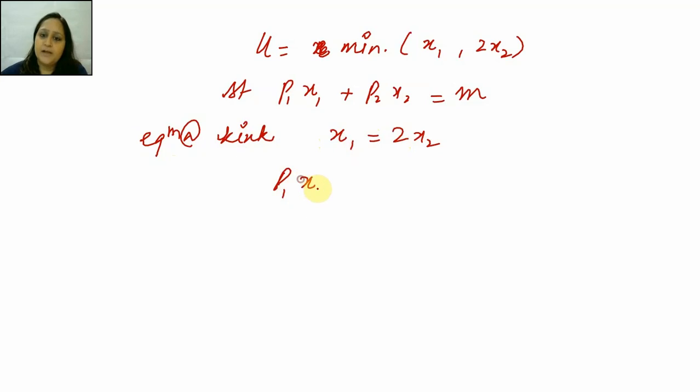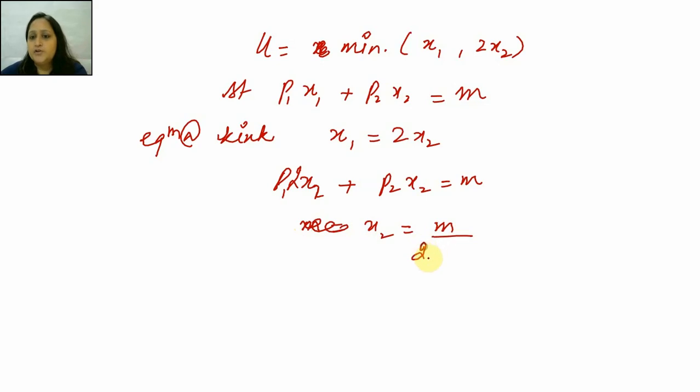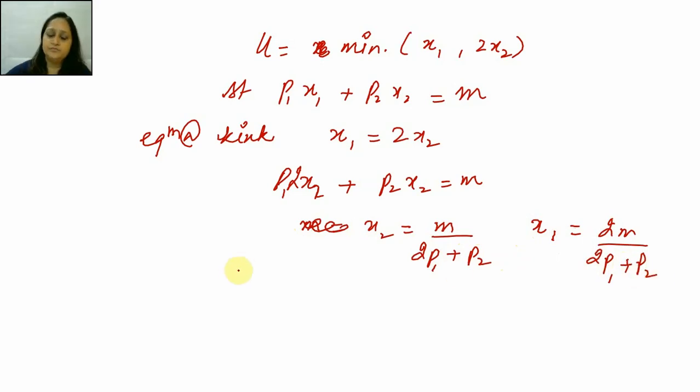So can I write, instead of x1, 2x2 plus P2 x2 is equal to m. So x2 is m upon 2p1 plus p2, and x1 is 2m upon 2p1 plus p2.